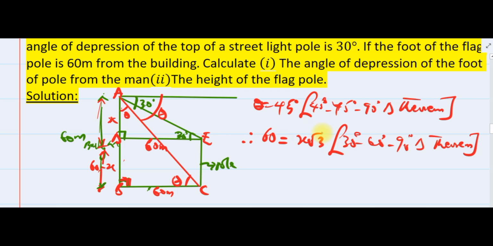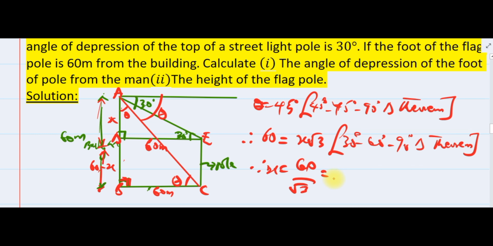If you don't know anything about this, just Google it or go to my video on it, titled Triangle Theorem. So from here we can get our x. Therefore, x is 60 over root 3.